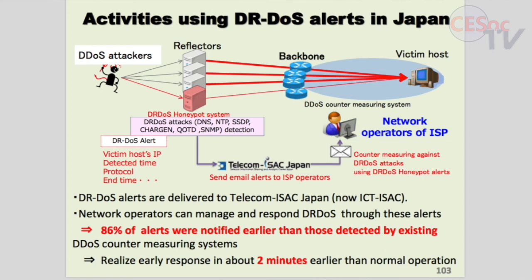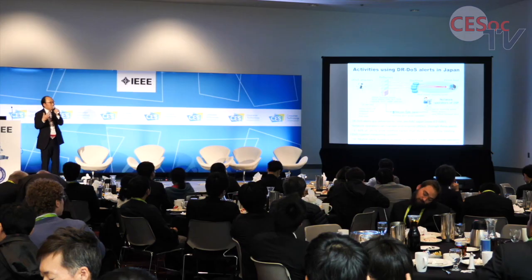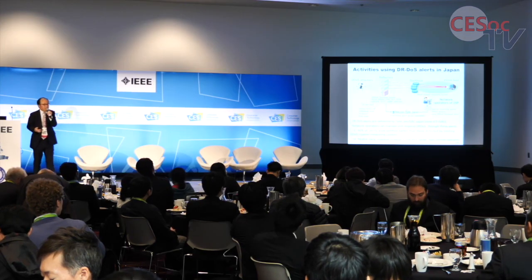So this is an activity using DDoS alerts in Japan, connecting the ISPs and the community, so-called ISAC, and trying to use this kind of alert in order to promptly carry out some kind of response, so-called proactive response, in the case of DDoS.